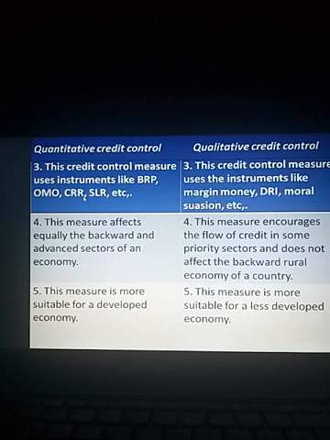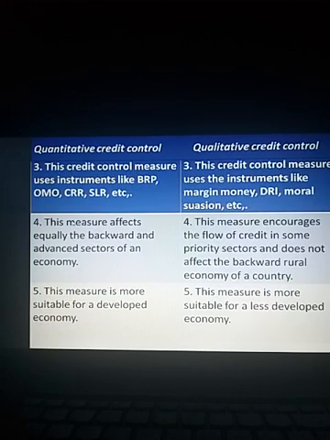In fact, under the VRR, these two have been further classified. Come to the right hand side. Qualitative credit control measure uses instruments like margin money, differential rates of interest, moral suasion, etc. Now, you should not be in confusion as far as these terms are concerned. Margin money, differential rates, moral suasion, or on the other side, bank rate, open market operations, and all these, because we have learned the differences and the meanings in detail.